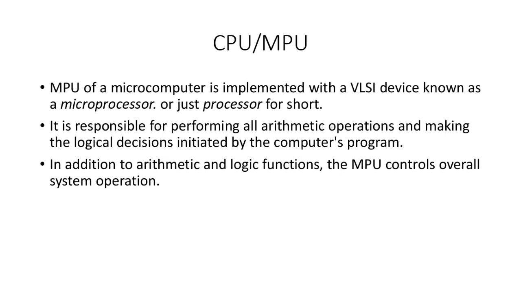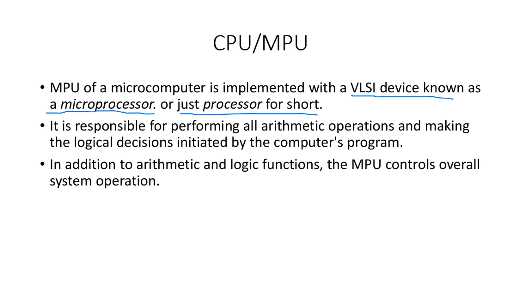Okay, so CPU or MPU: central processing unit or microprocessor unit. It is implemented with a VLSI device, very large scale integration device, because inside it has many ICs, and in these ICs there are a lot of transistors, diodes, and many other things. It is also known as a microprocessor, or just processor for short.